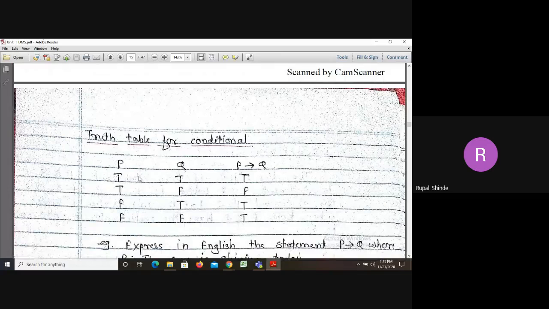Now check here. This is the truth table for the conditional operator. Now check here where we have written TF. The value of P should be T and the value of Q should be F. Now in the second row, that value comes. That's why the final value here is F. And for the rest of the combinations, it is T only.